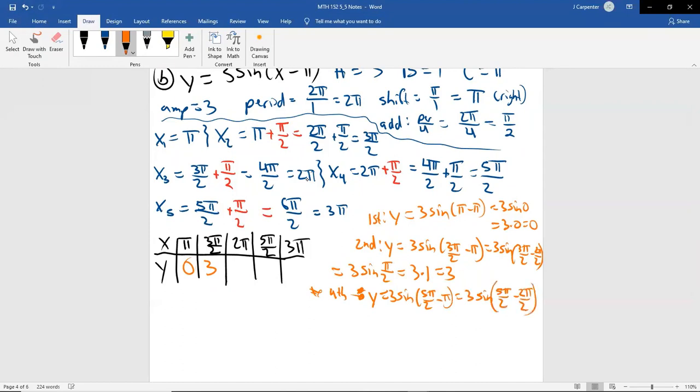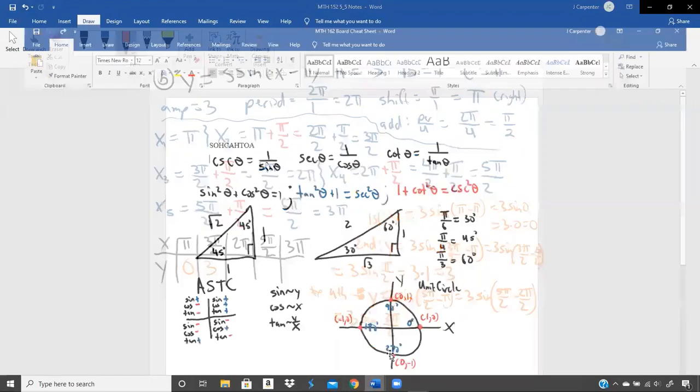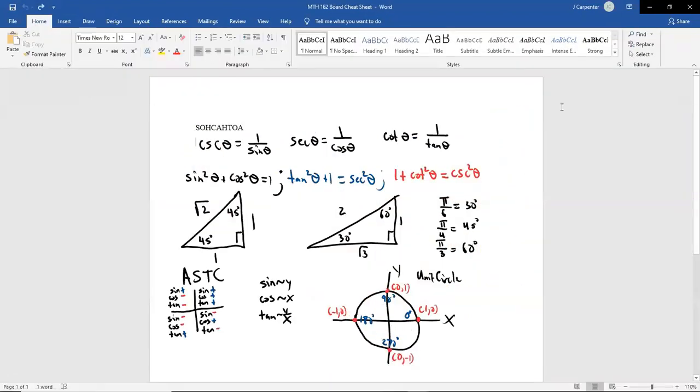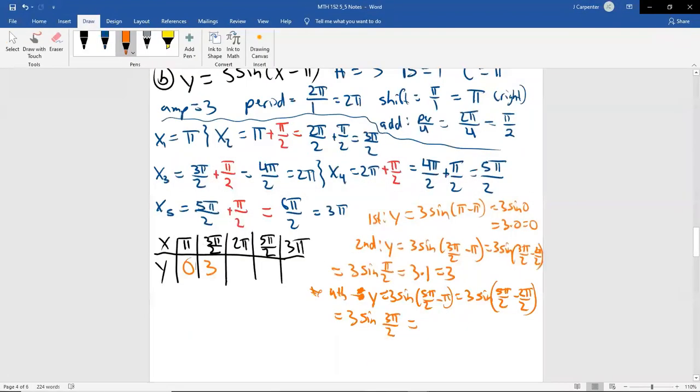You'll be getting a lot of LCDs. I can't emphasize that enough. 5 minus 2 is 3. So that is the 3 times the sine of 3 pi over 2. That's the 270 degrees. 270 degrees on a unit circle is down here. The y-coordinate's -1. So this is 3 times -1, which is surely -3.